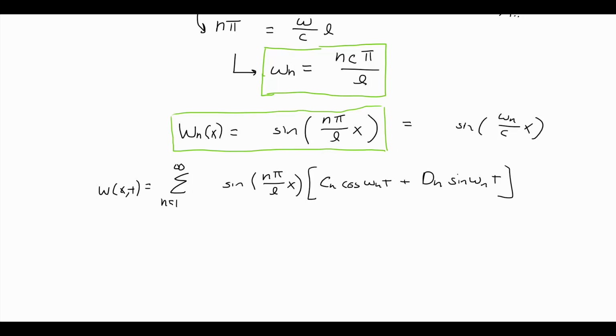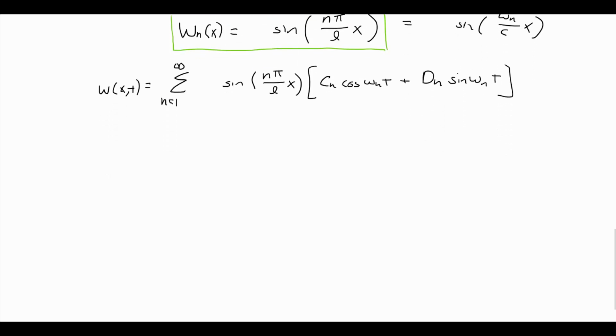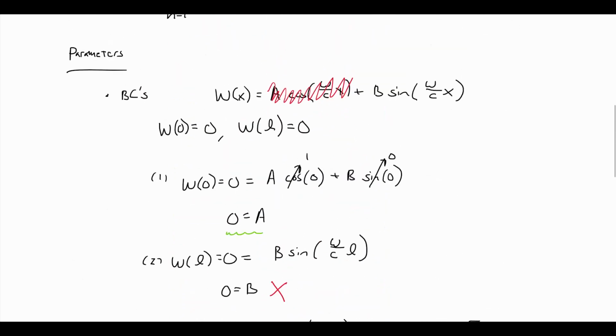Now we can move on, and we are interested in finding the C n and the D n, and for those we are going to need our initial conditions. So our initial conditions we want to define, and we're going to get those from up here.